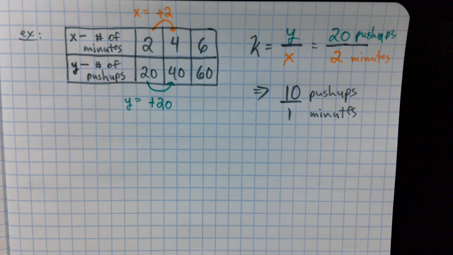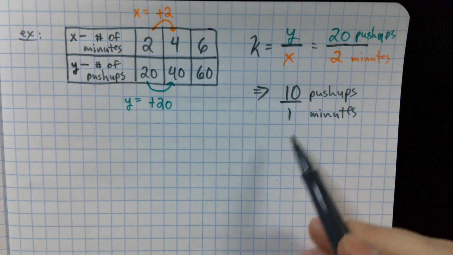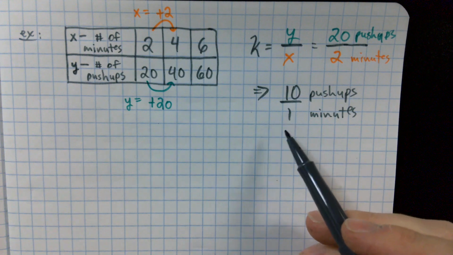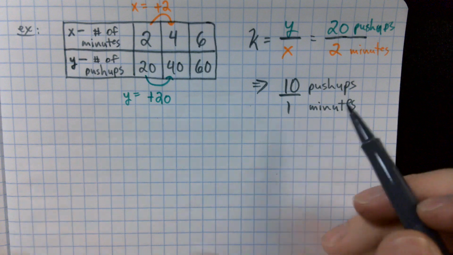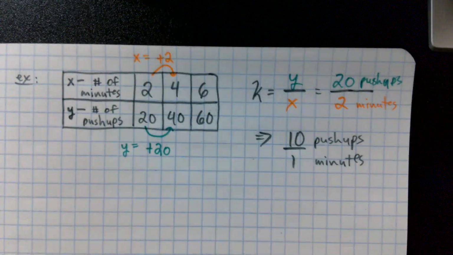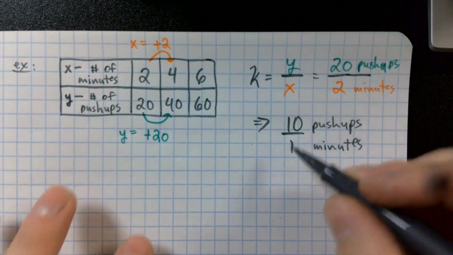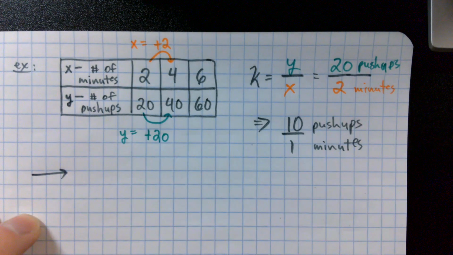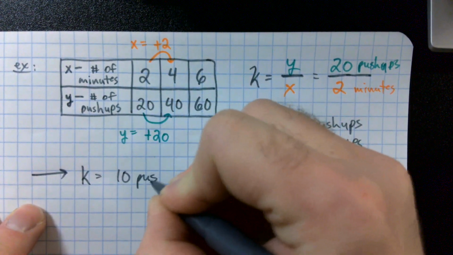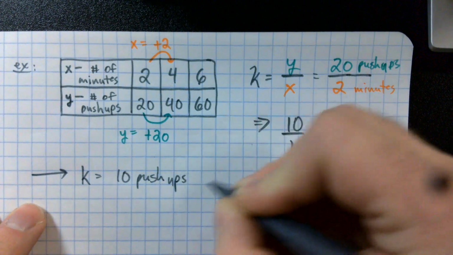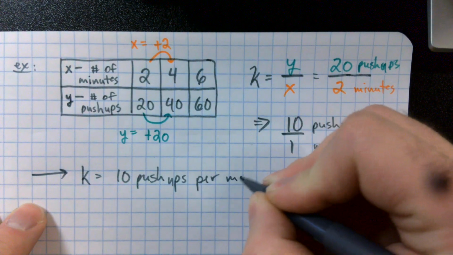Do we have to simplify it? Yes, absolutely. You always want the bottom number to be 1, and we'll explain why in a later day. But just know for now, you always want your X on the bottom to be 1, okay? 10 push-ups in 1 minute. So our answer here is going to be K equals 10. Push-ups per minute.